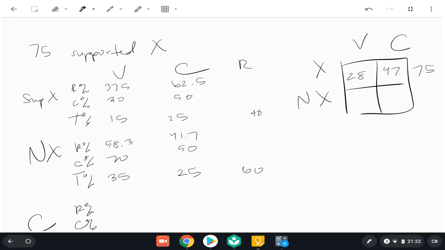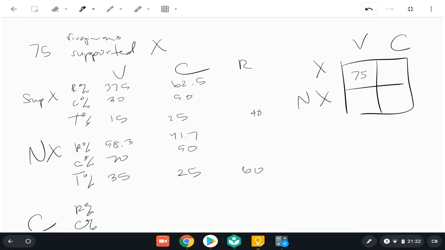I abstracted the wrong numbers. 75 randomly selected Virginians. Oh, that changes the whole thing. Wow, this thing's really smart. Okay. So Virginia has a total of 70. What? Hold on. 75 support X. 75. Okay.